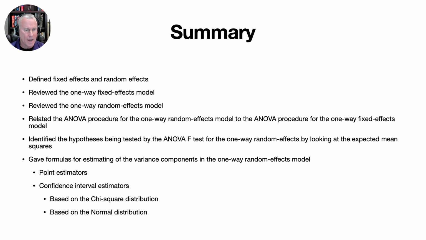We identified the hypotheses being tested by the ANOVA F-test for the one-way random effects model by looking at the expected mean squares. We then gave formulas for estimating the variance components in the one-way random effects model. We looked at point estimators, and we also constructed two types of confidence interval estimators, one based on the chi-square distribution and one based on the normal distribution.